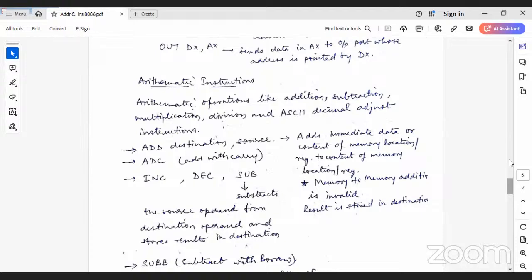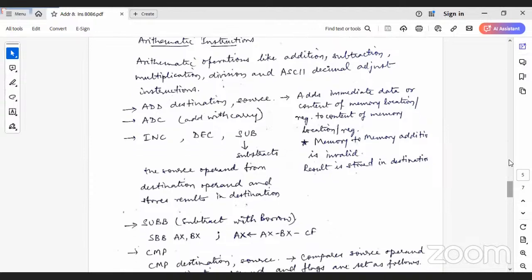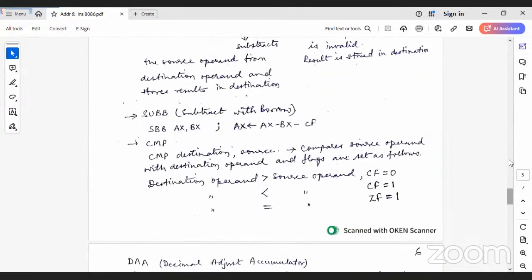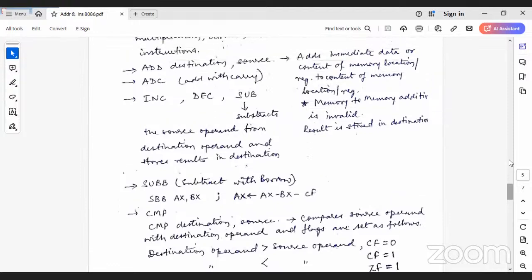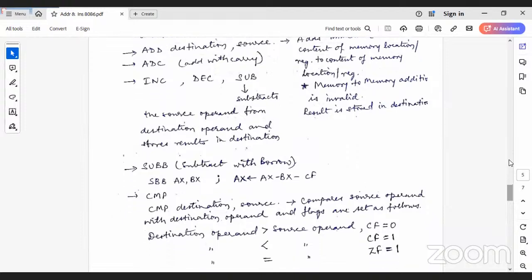Now, the different arithmetic instructions possible are add with carry, and also increment, decrement, and subtraction with borrow. When you are doing subtraction, you have to remember that the source operand is subtracted from the destination operand and the result is stored in the destination operand.